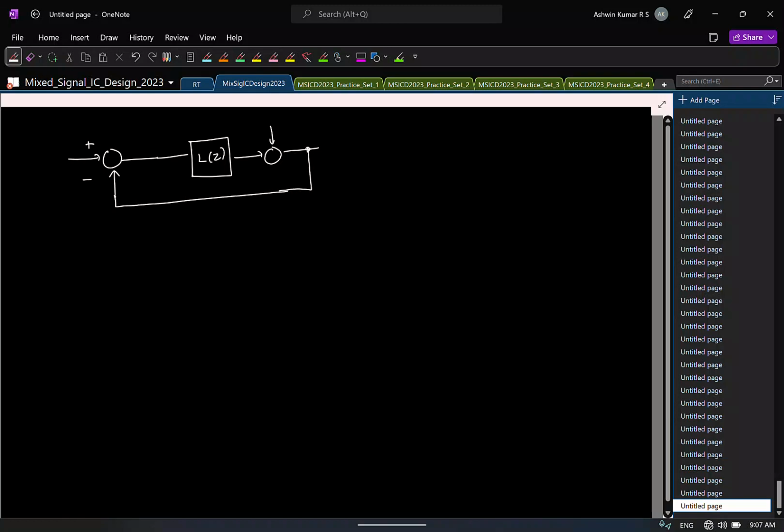Remember that we choose the loop filter to get a particular noise transfer function. So if this is 0, from q of n to the output I want some particular noise transfer function. From a given NTF is how you find the loop filter.